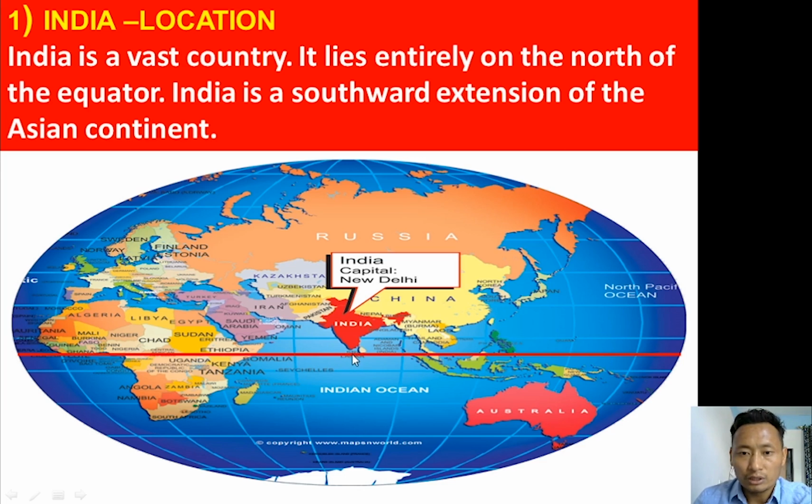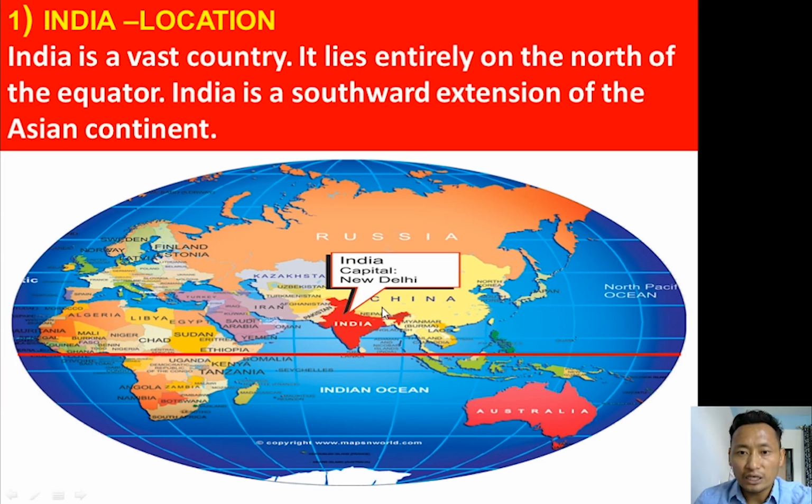This latitude divides the world into two equal parts. North of the equator is called the northern hemisphere. South of the equator is called the southern hemisphere. So the equator divides the world into two hemispheres, northern hemisphere and southern hemisphere.